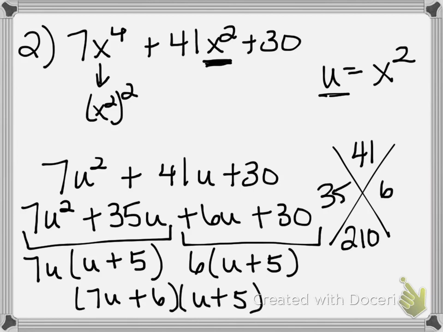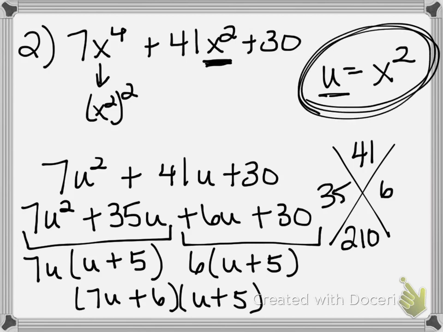But I'm not finished because I have to substitute back in. We can't forget that. I'm going to go on to the next slide to substitute x squared in for u. So we had 7u plus 6 times u plus 5.